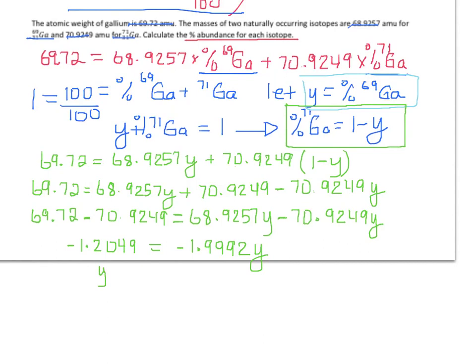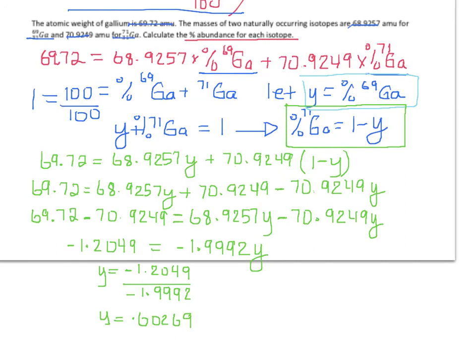So y is equal to negative 1.2049 divided by negative 1.9992. So y is equal to 0.60269.